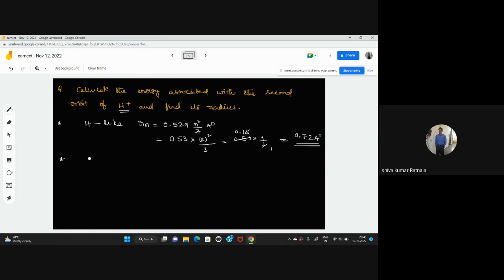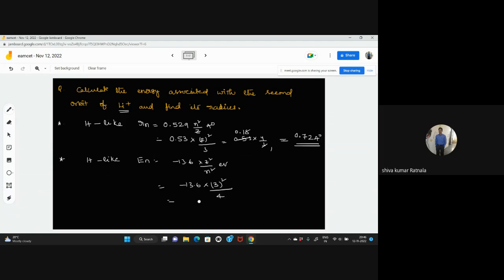Energy equals minus 13.6 into Z square by n square electron volts. Minus 13.6 into Z value, 3 square, that is 9 by 4 square.